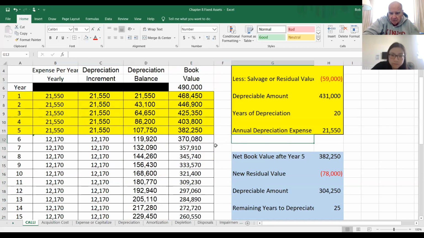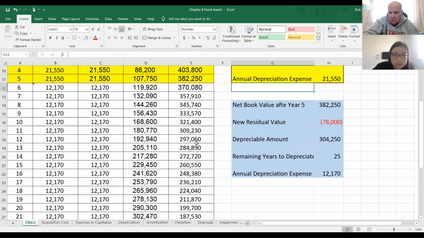The next step now is to consider what they're telling us. They're saying after 5 years, this machine has 25 more years to go, or 20 years. On this part, I'm not sure, to be honest with you, okay? So all we have to do is work with the new residual value, work with the remaining years, which I think is 25 because it came out to an even number.